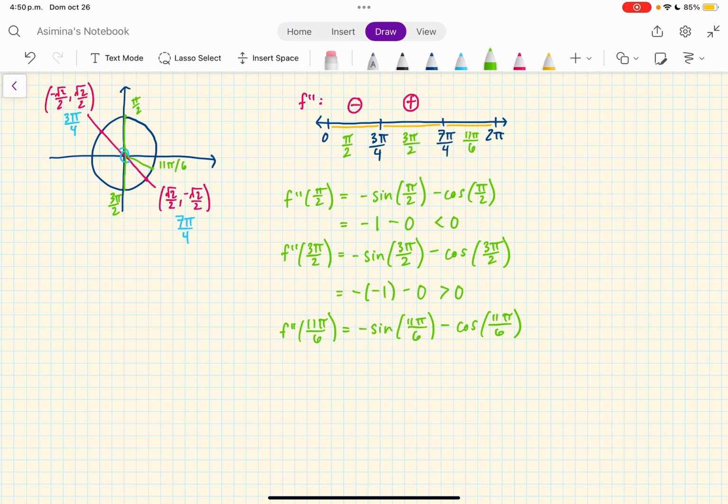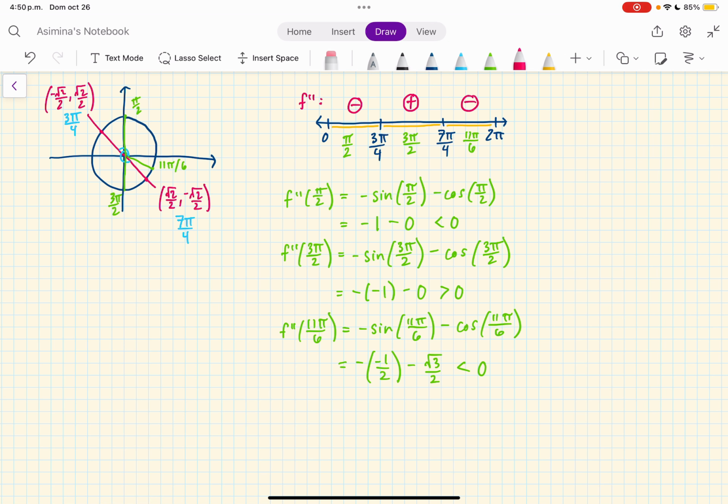That's going to be minus negative 1/2 minus root 3 over 2. Now minus negative 1/2 is just positive 1/2, and then we're subtracting root 3 over 2, and root 3 is larger than 1. So this is going to be negative. So we get negative on the last interval.